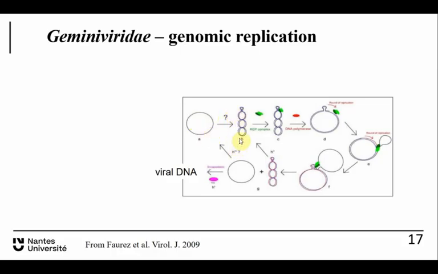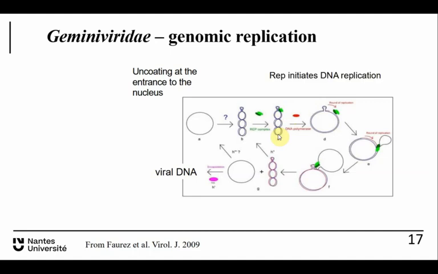Once you've got the double-stranded DNA, the host RNA polymerase can start transcribing messenger RNAs from the virus double-stranded DNA, and of these, you'll have the REP complex. The REP complex will bind to the origin of replication on the double-stranded DNA genome, and that attracts the host cell DNA polymerase and all the different cofactors required for DNA replication to the virus genome.